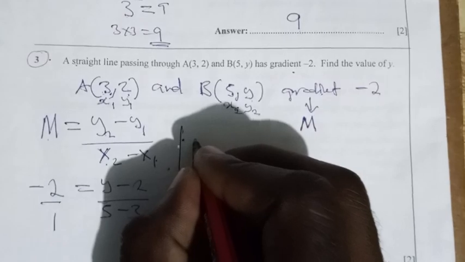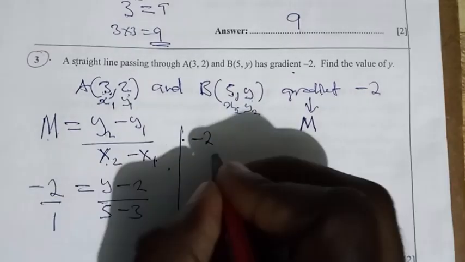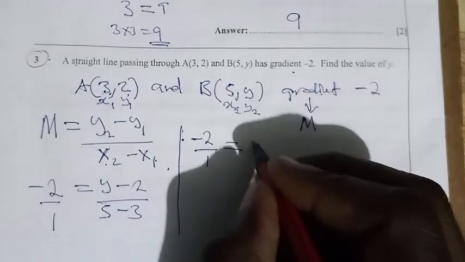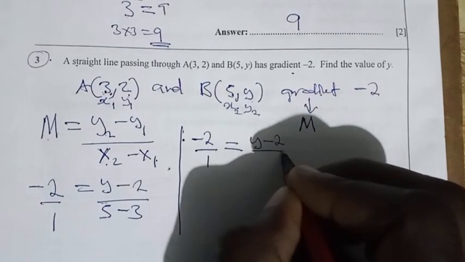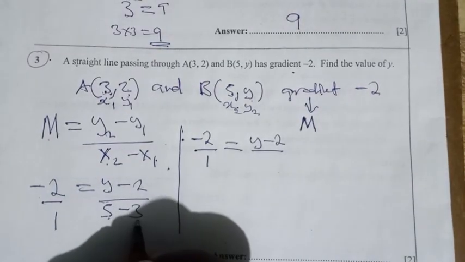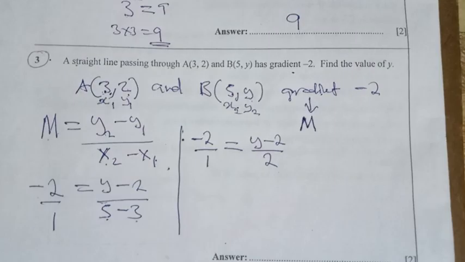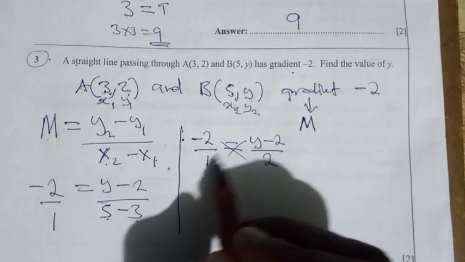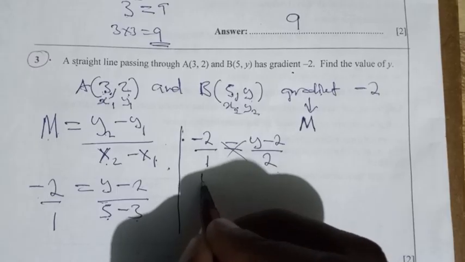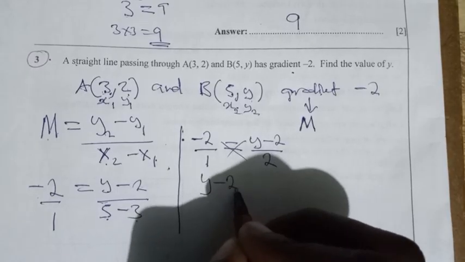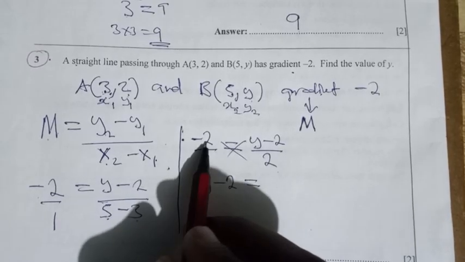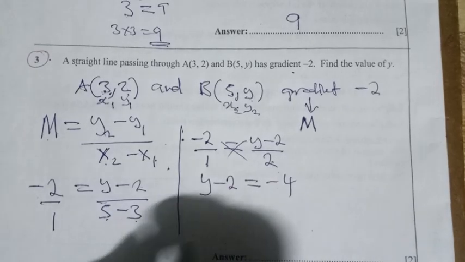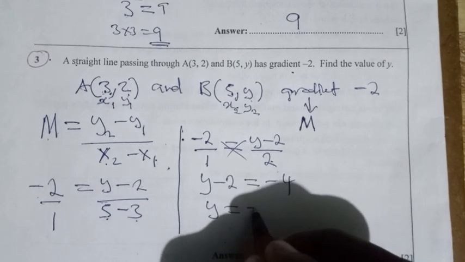So I'll write negative 2, our gradient, as negative 2 over 1, equal to y minus 2 over 5 minus 3, which is 2. Then whenever you see the equal sign, we cross multiply. 1 times y minus 2 is y minus 2, which is equal to negative 2 times 2, which is negative 4.